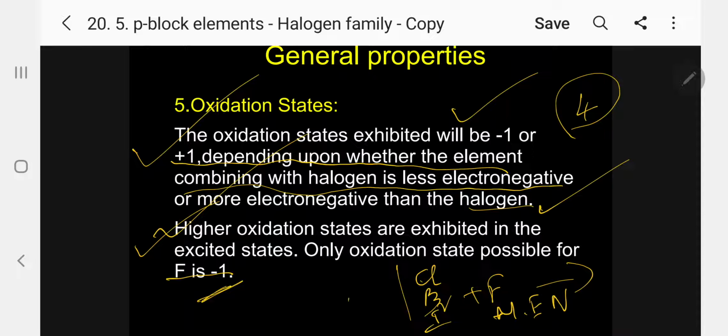So these will have +1, +3, +5 or +7 oxidation states. That means higher oxidation states are exhibited in the excited state. The only oxidation state possible for fluorine is -1. Except fluorine, all other halogens will have -1 or +1, +3, +5 and so on. Kindly follow.